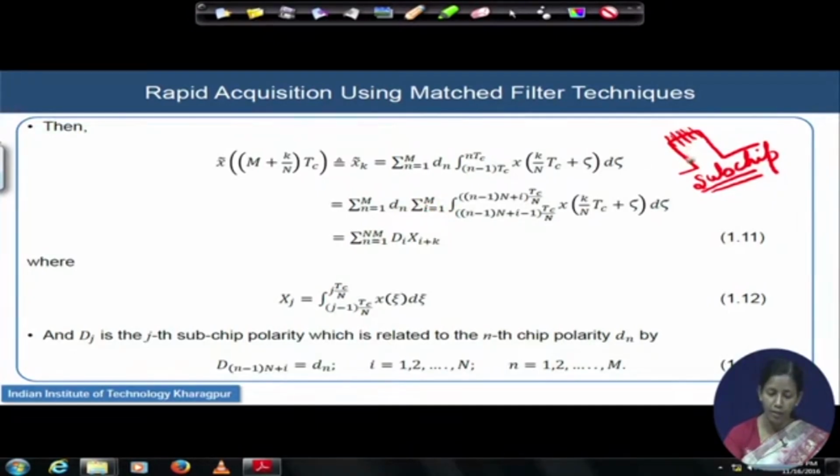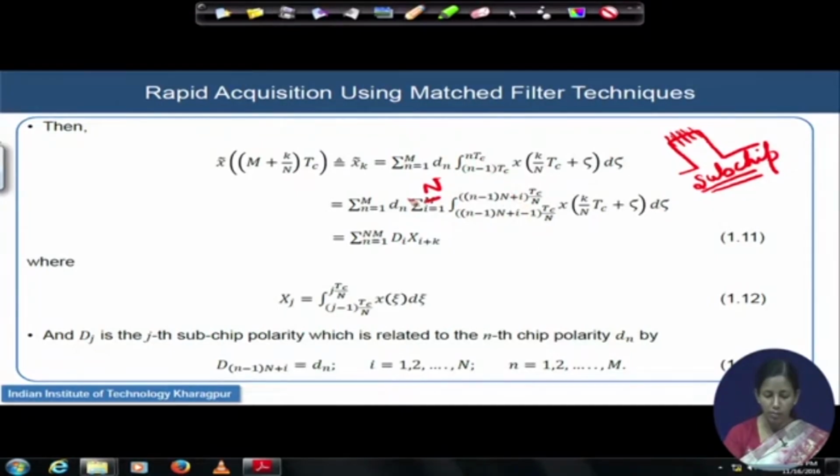So within I have capital M number of the chips, and inside that I have capital N number of the subchips. You make it not M, you make it capital N. So I have capital N number of the subchips. And so what is happening now is that this integration is not only over the chip duration.